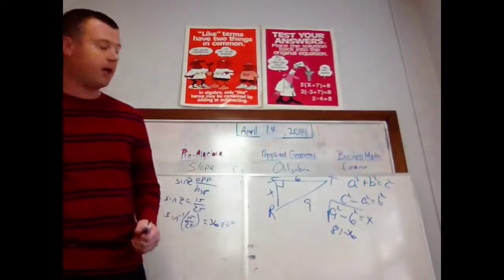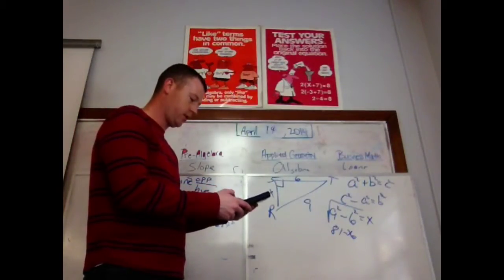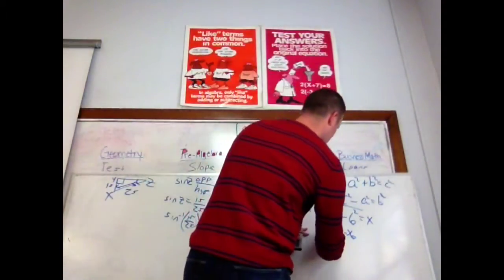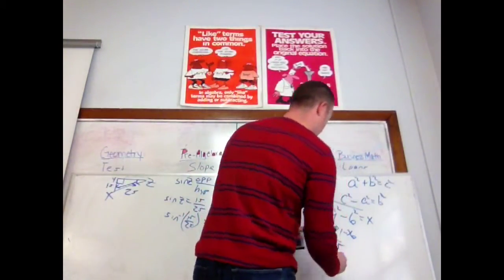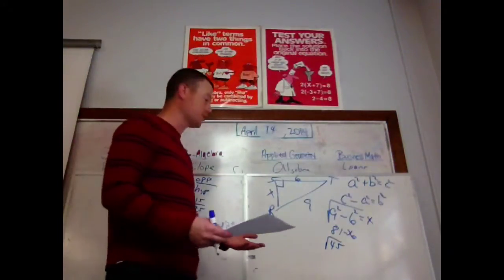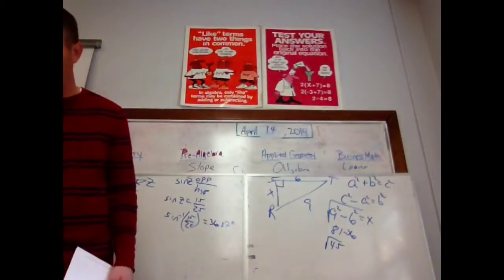Well, let's check it out. 81 minus 36 is 45. So this is the square root of 45. Since the directions do ask you to round to the nearest tenth, just go ahead and put square root of 45 in your calculator and round it.